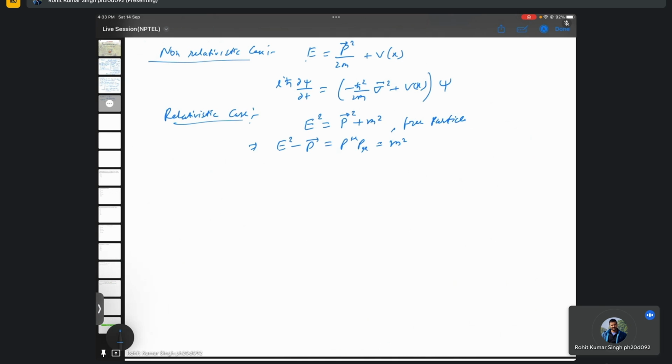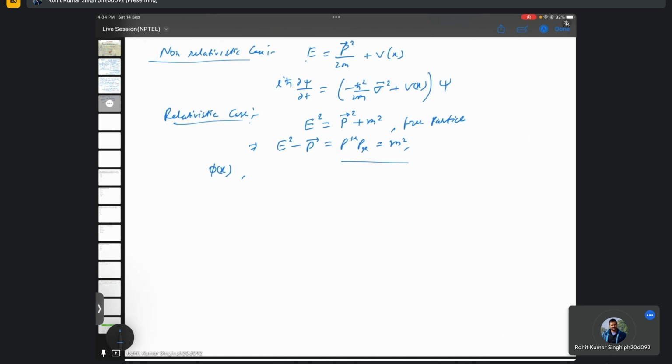And then suppose we have a wave function, in relativity we have a wave function phi of x.